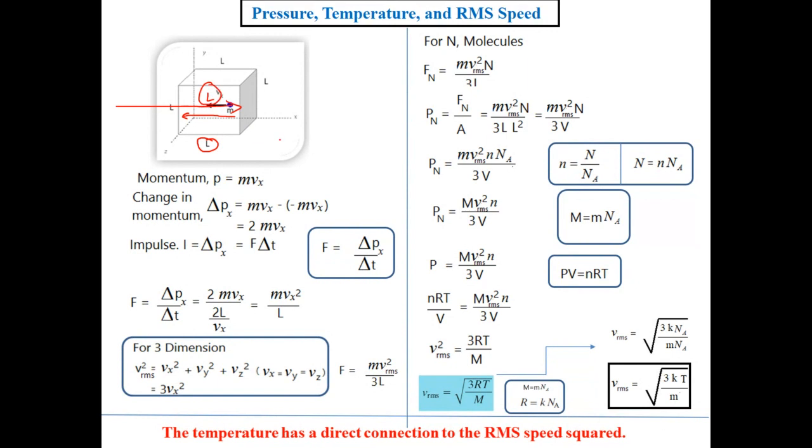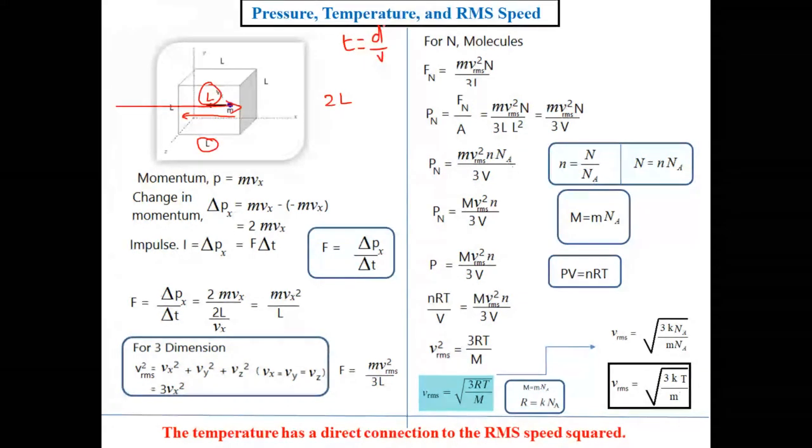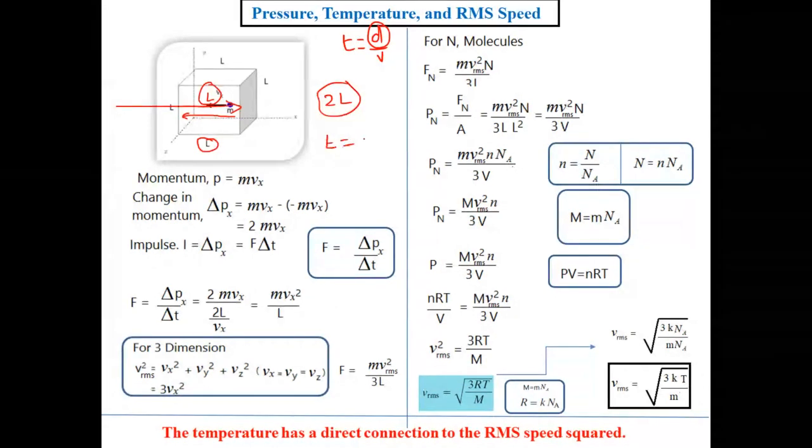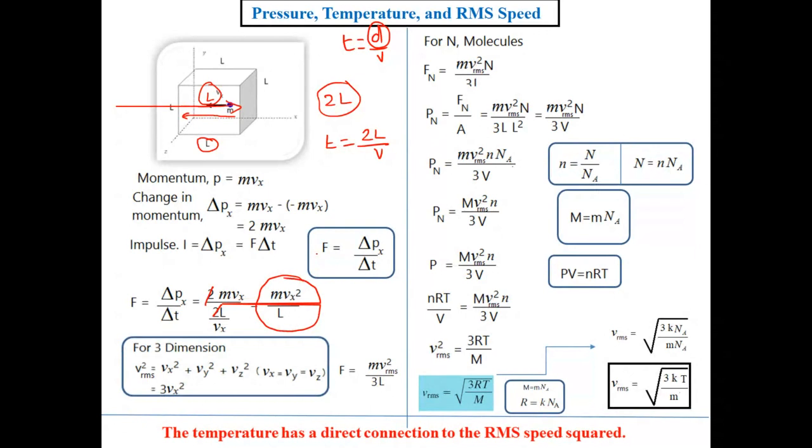So what is the total distance? 2L. We know the rule, time is equal to distance over velocity, that means speed. So my distance is exactly equal to 2L. That's why we write T equal to 2L over V. So here 2 and 2 get cancelled, and then you will get this equation.